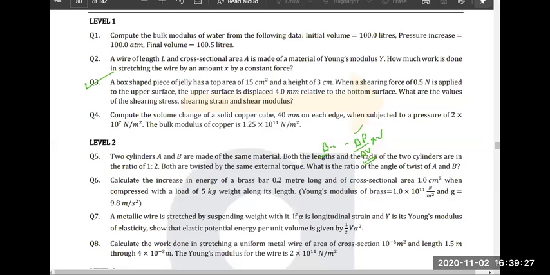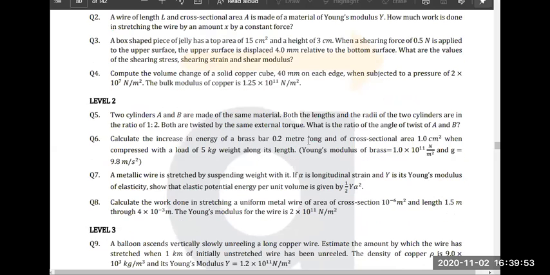Akshay, can you explain question number 5? Or leave question 5 because it is based on torsional strain. Since I haven't taught torsional strain, question 5 you can leave. Okay, we will solve after studying torsional strain. Question number 6. Akshay, question number 6, can you solve?